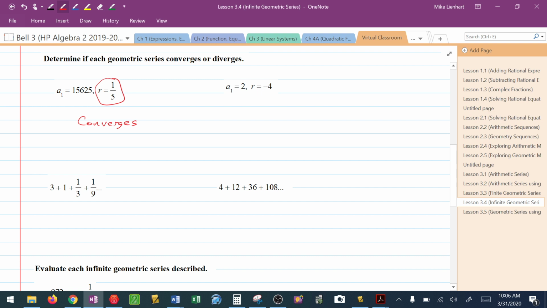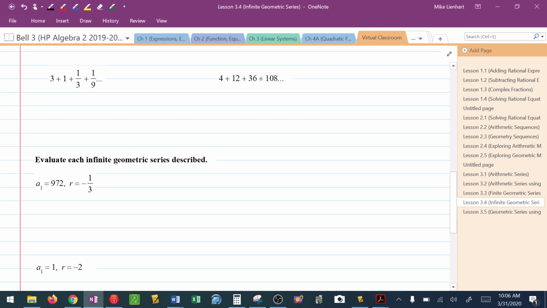In the second one, they give me the R value, and I know the absolute value of -4 is greater than or equal to 1, so this diverges. Again, if it converges, we can find its sum. If it diverges, we can't.